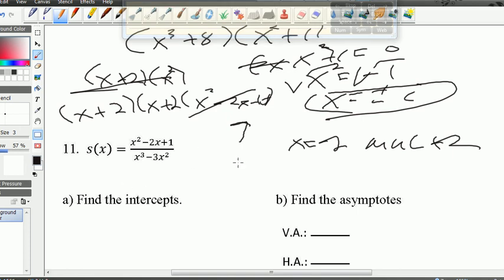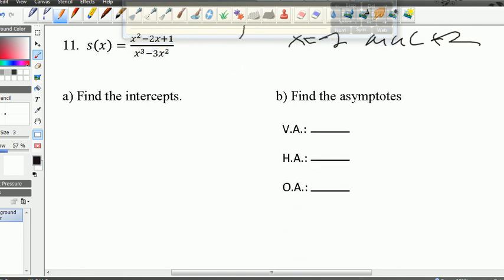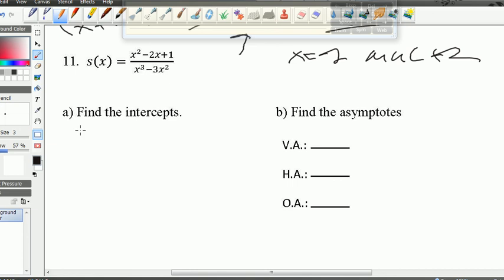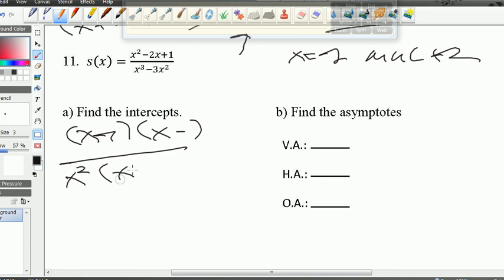Find all asymptotes. First thing you want to do, what? Factor top, factor bottom. Top factors down to x minus 1. Over, I can take out an x squared. I'm left with an x minus 3, right?